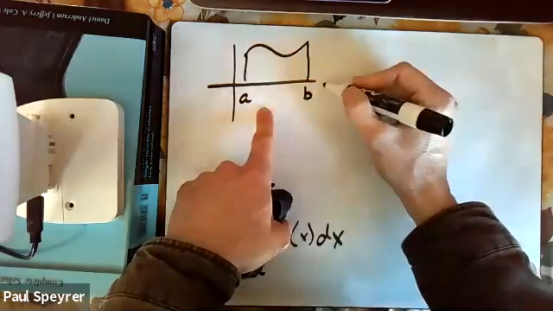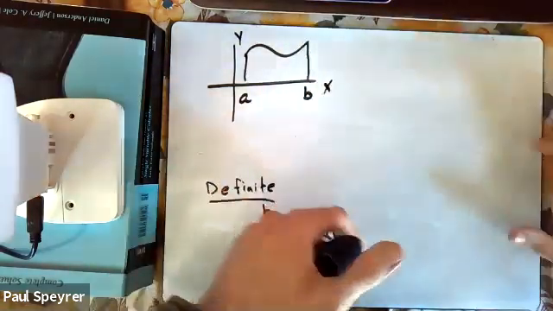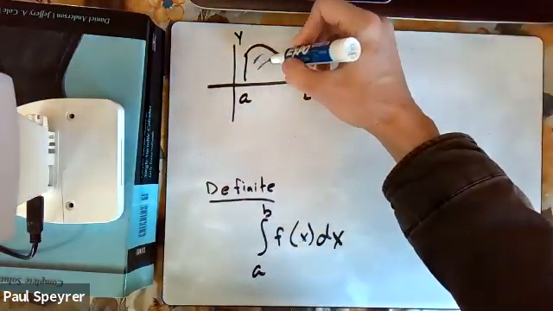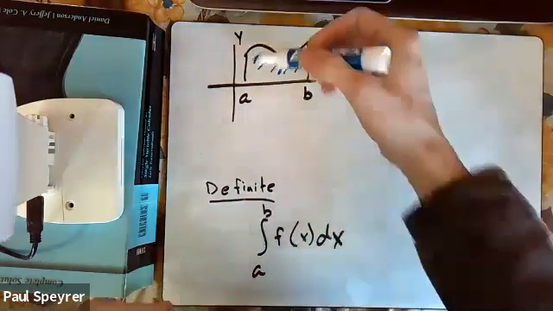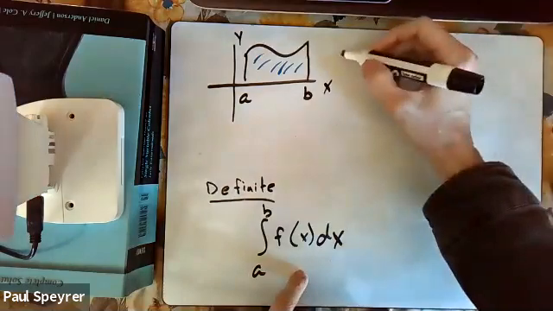So if we were computing the integral of this right here, the area under the curve, meaning that stuff in blue, we would figure that out by taking the definite integral.